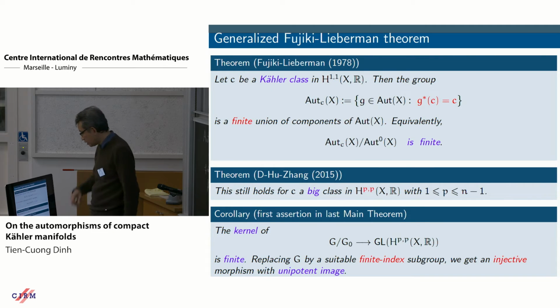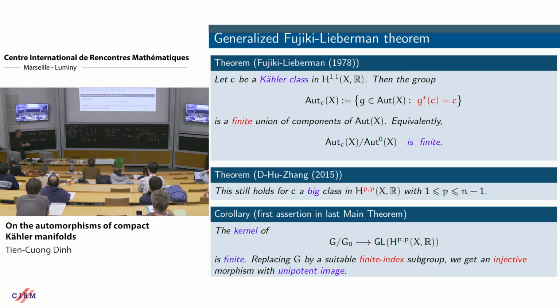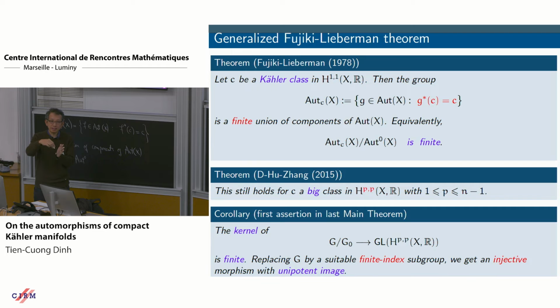And there is an extension of this theorem due to Hu, Zhang, and myself. We have the same statement, but for any C a big class in H^{p,p}. You don't need p to be 1. You have to take any big class in H^{p,p}, then you have the same theorem. What I mean by big class: you have some invariant strictly convex cone, you take some element in the interior of this cone.